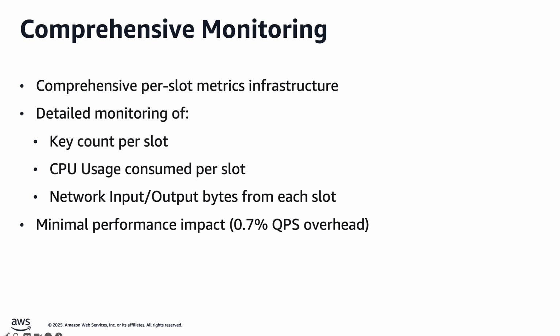Previously, metrics were only available at the node level, making it hard to detect overloaded or slow slots. With this new visibility, it's much easier to identify traffic skews, debug migration issues, and optimize rebalancing decisions. Overall, it's a big win for observability and makes monitoring tools like CloudWatch and Prometheus far more effective.